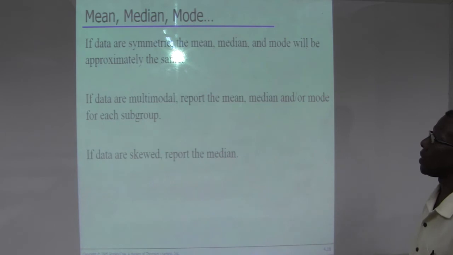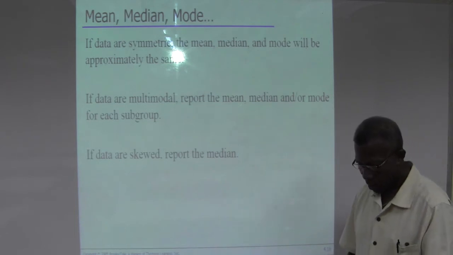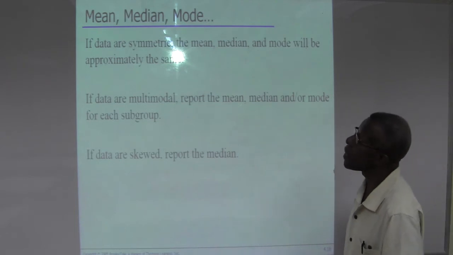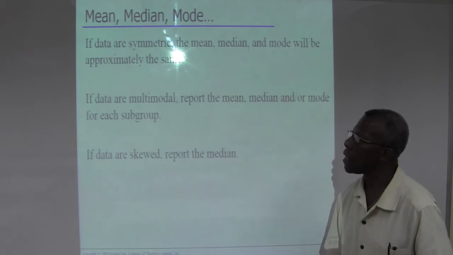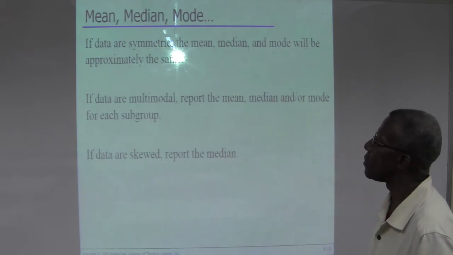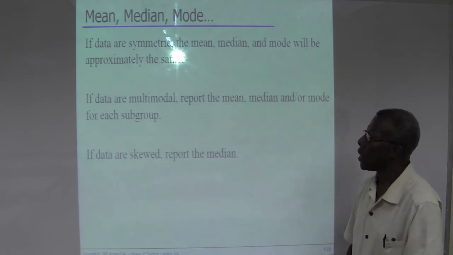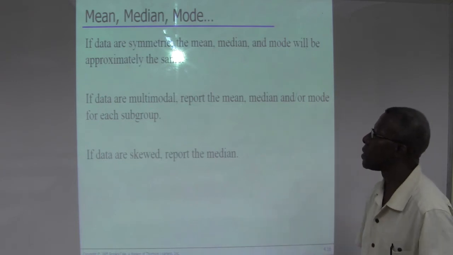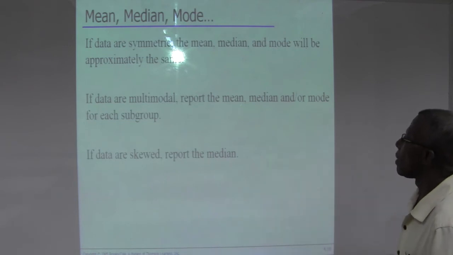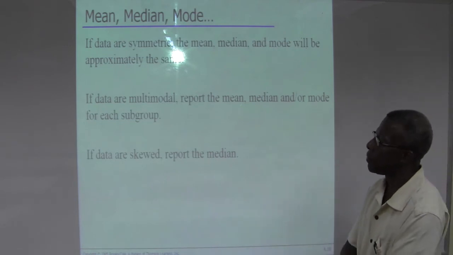Mean, median, and mode again. If data are symmetric, the mean, median, and mode will be approximately the same. They will be theoretically the same, but that's only theory. In real life, you don't have that. If data are multimodal, we are asked to report the mean, median, or mode for each subgroup.